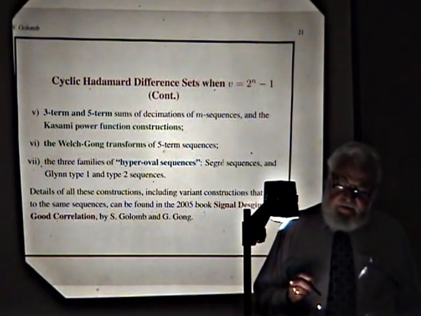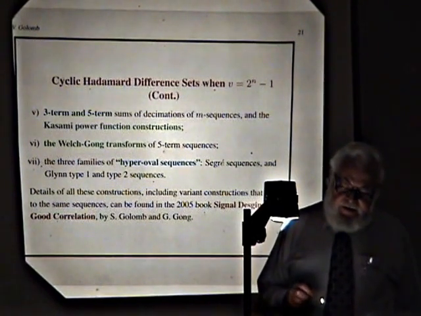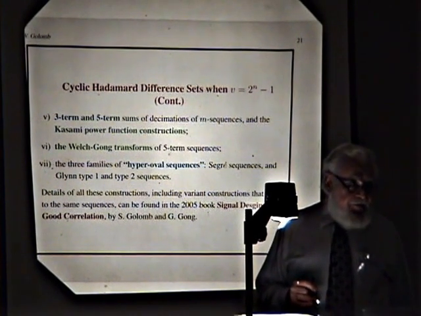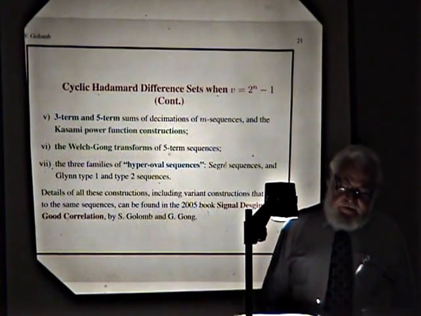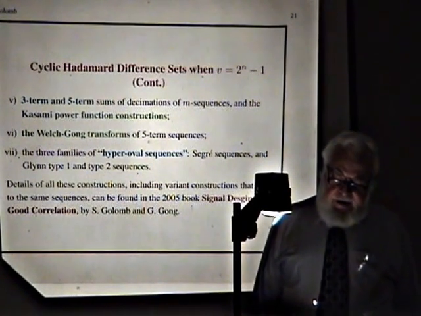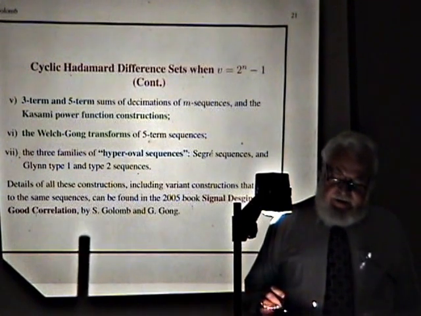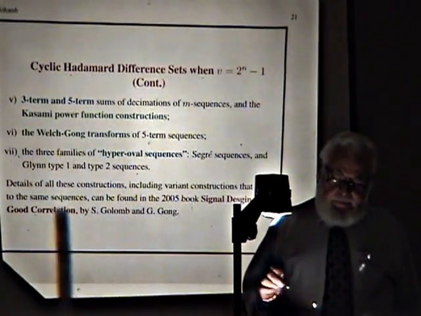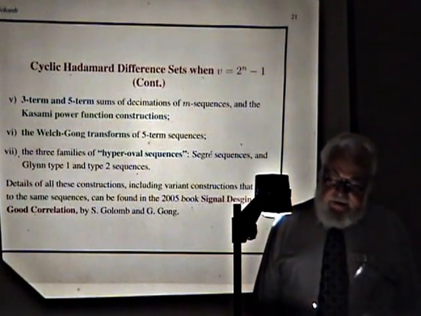And in his original version of that transformation, it required that the degree n had to be even. Dr. Gong generalized that construction to also cover the case where n is odd, and that turns out to be a very useful way of getting new examples from certain earlier examples.